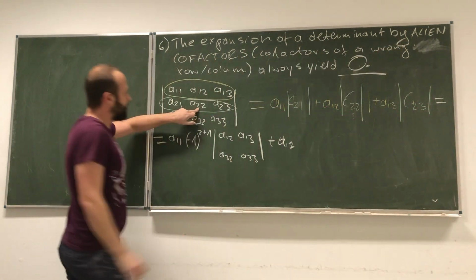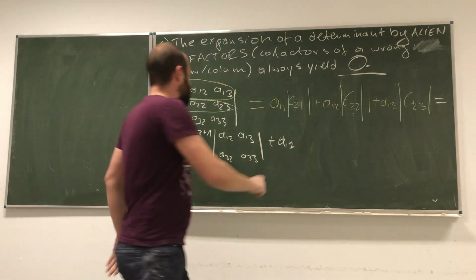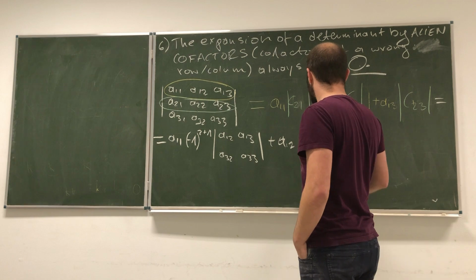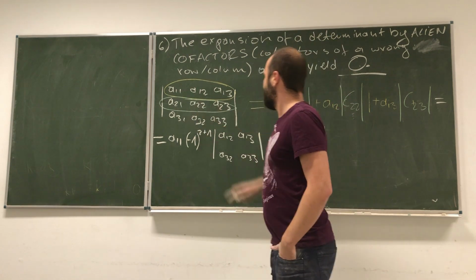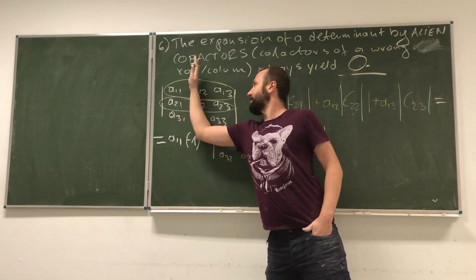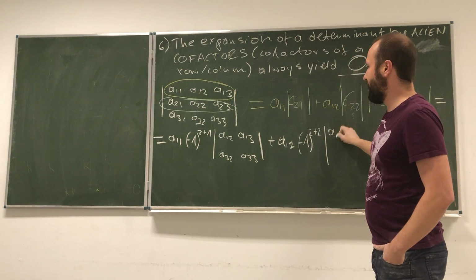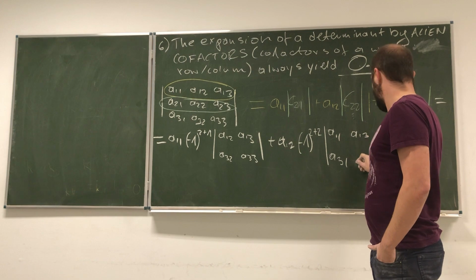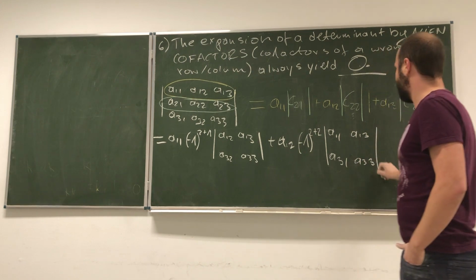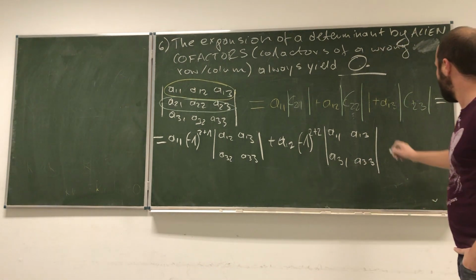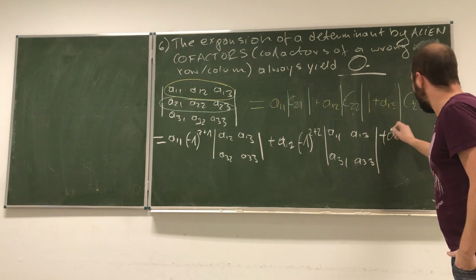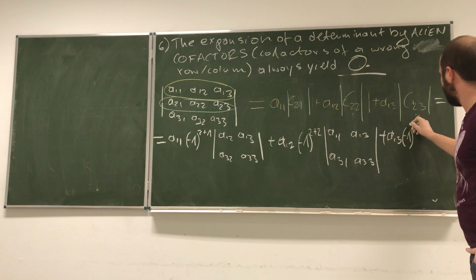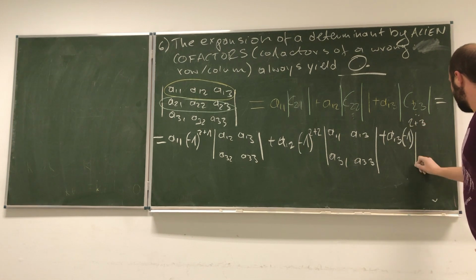So now I get negative 1 to the power 2 plus 2 times, I delete the second column, A11, A31, A13, A33. Okay, and finally the last one, A13, cofactor negative 1 to the power 2 plus 3.